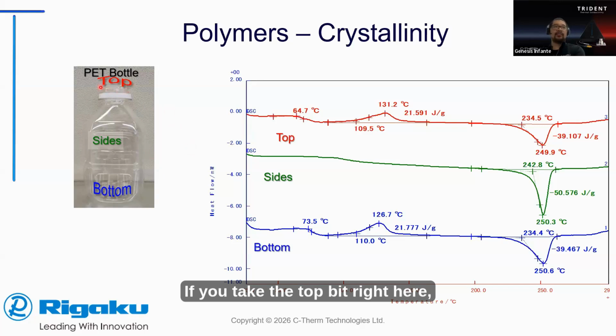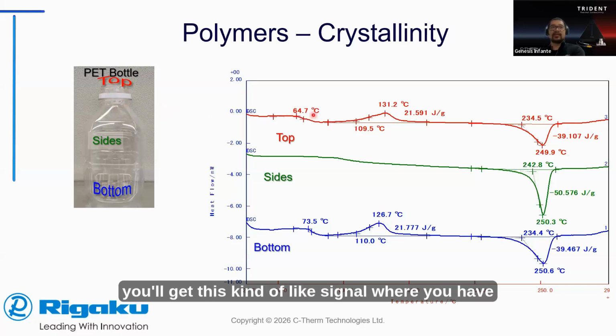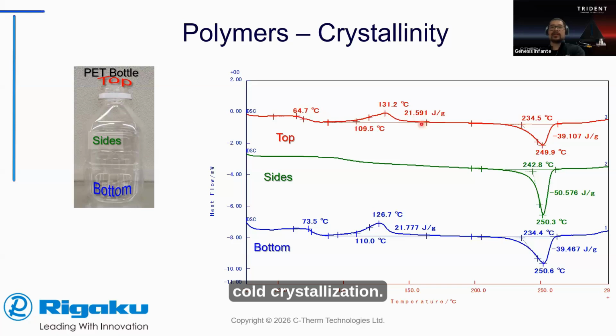If you take the top bit right here and measure that with a DSC, you'll get this kind of signal where you have some sort of transition, and then some cold crystallization and a melt, right? This is typically indicative of both amorphous and crystalline characteristics.